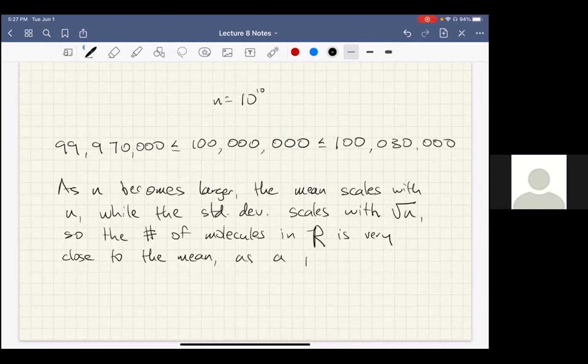As a percentage of n. Again, you can make that argument a lot more formal if you want, but this is just sort of a hand wave. And what emerges from that is the concept of deterministic concentration.